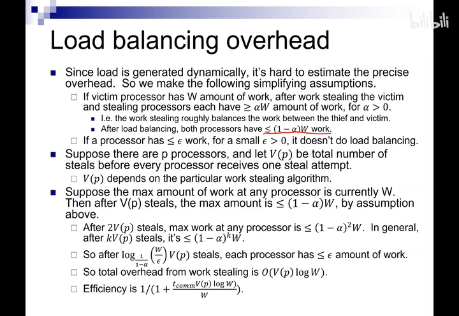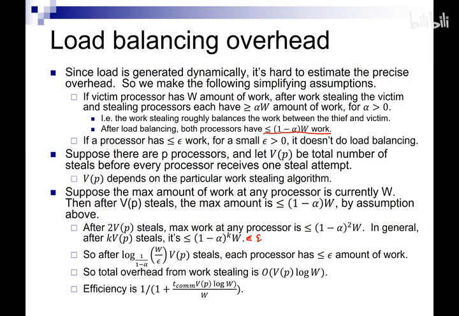So, if we do k times V of P steals, then the maximum amount of work in the system is this. The bigger k is, the smaller this maximum amount of work, so we just need to choose k large enough so that this thing becomes less than epsilon.